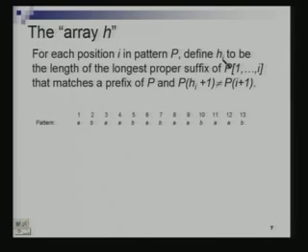Hi tells me how much I am going to shift the pattern by if there is a mismatch at position i. Sorry, Hi is the extent to which I will shift the pattern if there is a mismatch at position i plus 1. Okay, that is going to be the semantic. It is the smallest shift that we do.